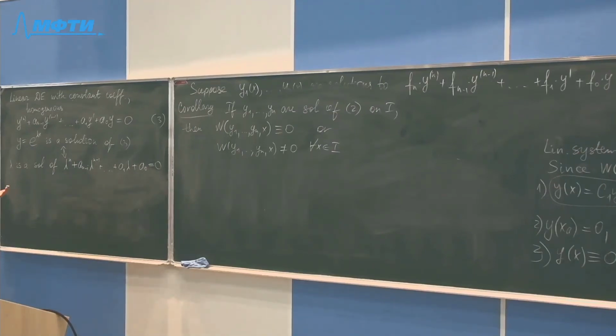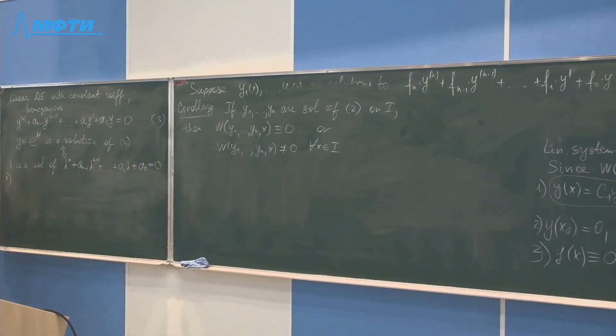So the way of solving the homogeneous linear differential equation with constant coefficients is the following. First we should create the characteristic equation, solve it, and find its roots.